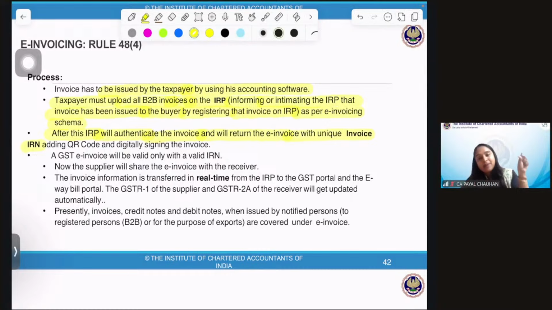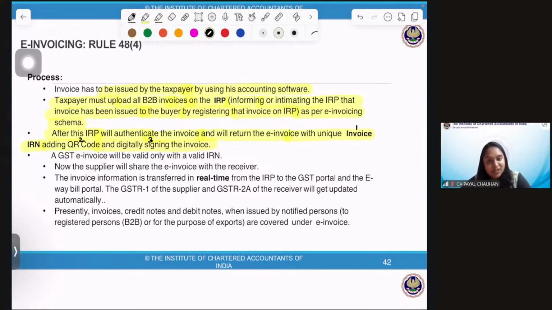So the department will put a 64-digit number which is unique for every bill, and this is known as the unique invoice reference number. Adding a QR code and digitally signing the invoice. So that means when an e-invoice is issued, there are certain things on it: you have the unique invoice reference number, a QR code, and a digital signature.